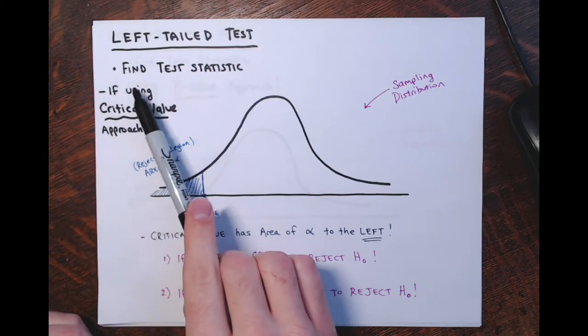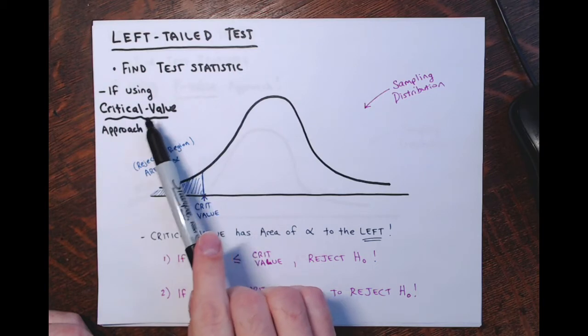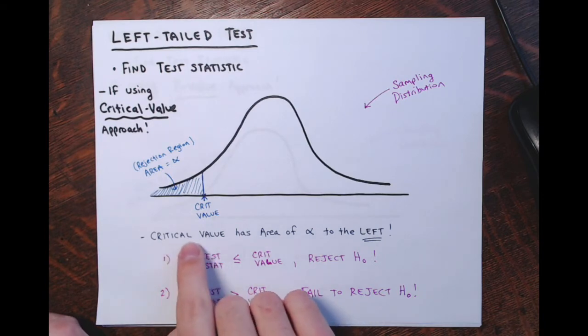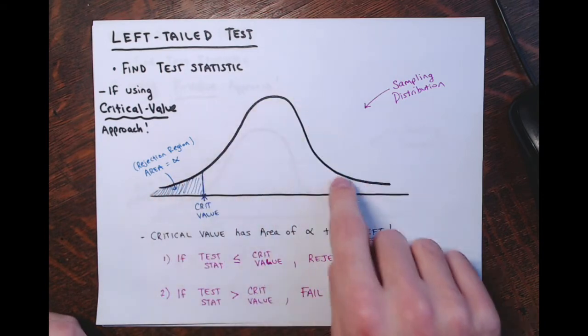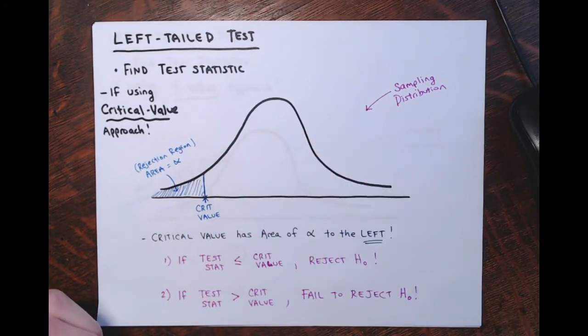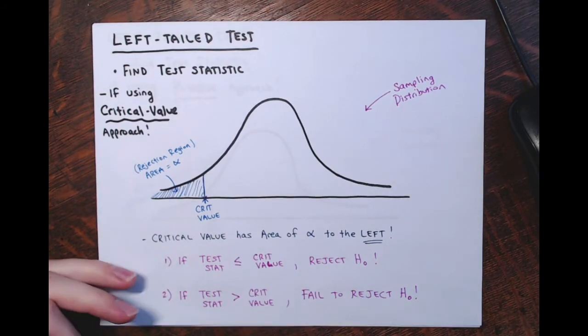Now, if you're using what's called the critical value approach, and you're doing a left-tailed test, you're going to have a distribution to work with, whether it be a normal distribution or a student's t or something else, but you're going to be looking at some sort of sampling distribution, the area under a curve.